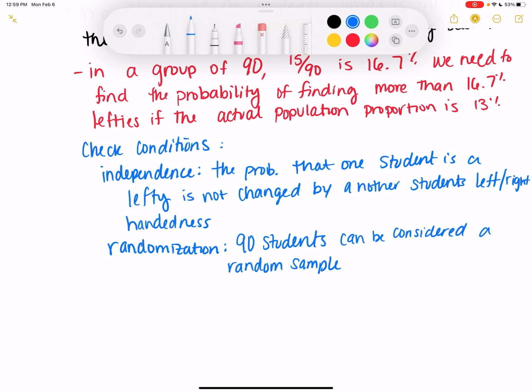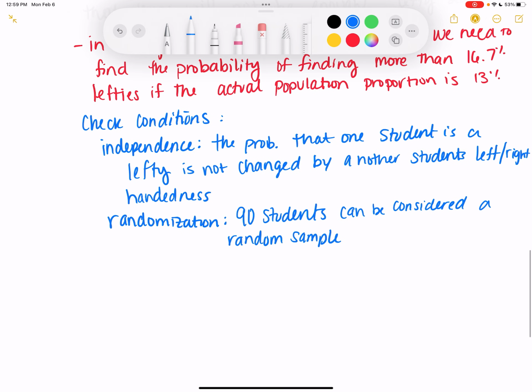We may not be able to prove that directly, but 90 students out of all the students in a college are probably going to be pretty random if it's in a big lecture hall like that. So then the 10% condition, 90 is much less than 10% of all students.